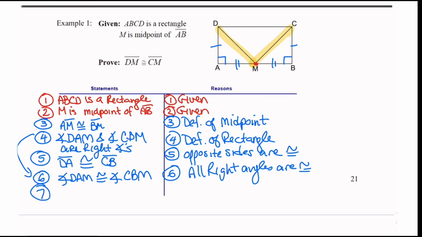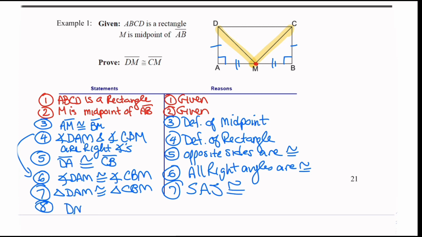Now I can say that triangle DAM is congruent to triangle CBM because of side angle side. Now I can finally say that DM is congruent to CM because of CPCTC. So you have to create a little story with your proof, a line of reasoning. If this happens, and this is also true, then this is true.